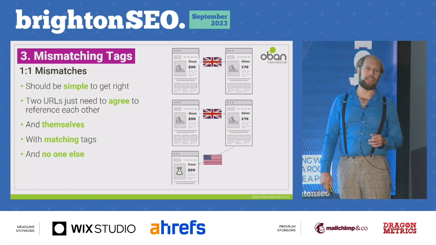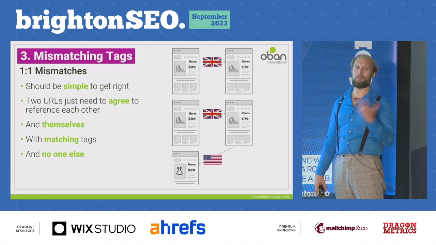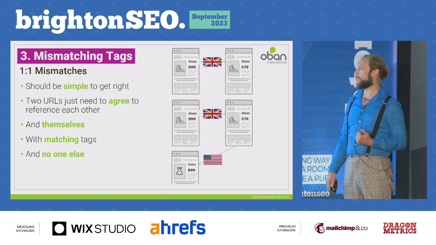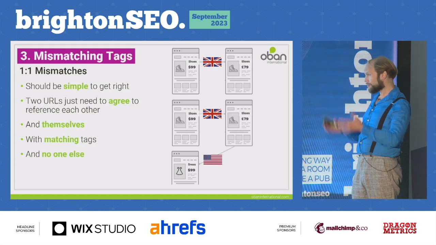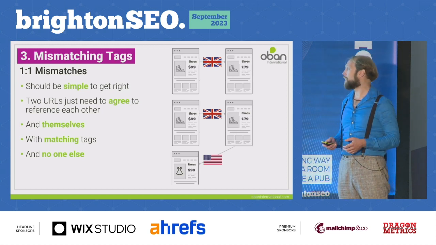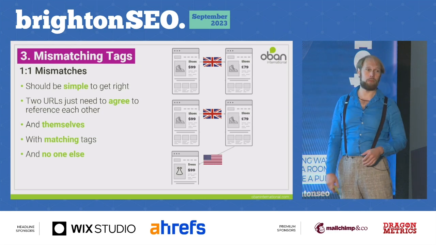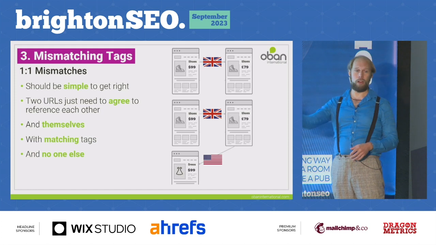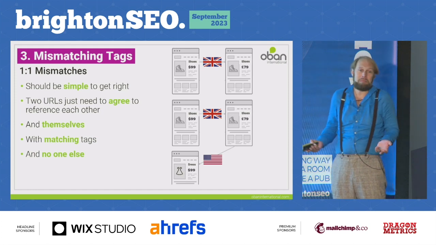Then there's mismatching tags. So each tag on its own seems valid, but doesn't match up with the other ones on the site. Now, it should be fairly simple to get right if you've only got two versions. So these examples here shouldn't really happen. At the top, very simple. The US page is saying, yeah, over there, that's the UK page. And the UK page is like, no, don't know.